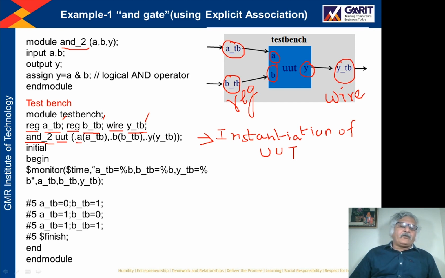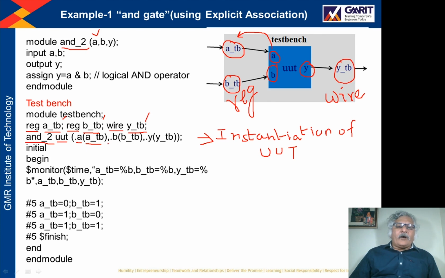See here there is one port A, so I have written dot A. Then within bracket you mention to which port of the test bench it is connected. I want the A port to be connected with A_tb of the test bench, so within bracket I have written A_tb.